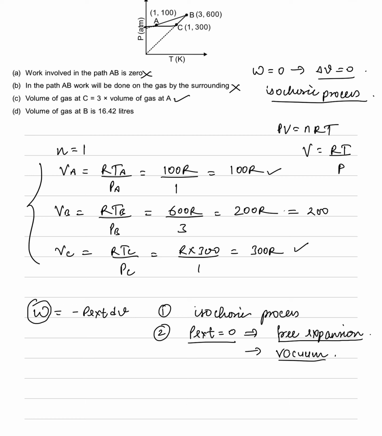So it is 200 upon 12, which is 100 by 6, or further 50 upon 3. So 50 upon 3 is approximately 16.42 liters, right? So approximately it is also correct. The volume at B comes out to be 16.42 liters. That means options C and D are both correct, and options A and B are both incorrect.